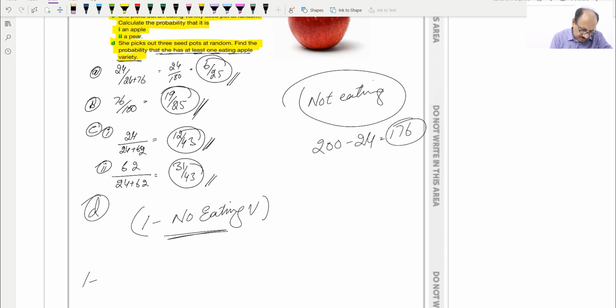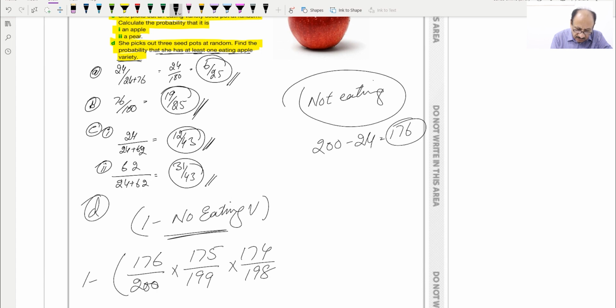So 176 we can take for the first, we have to take 3, right? So 176 out of 200 will be for the first one, and for the second one, 1 is less because we have already taken 1, so 175 out of 199, and for the third one it will be 174 out of 198, and this is what we need to calculate.